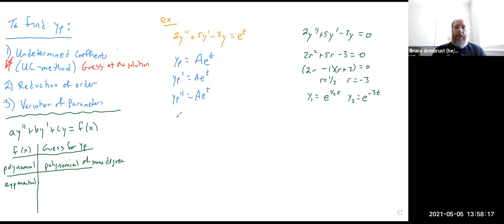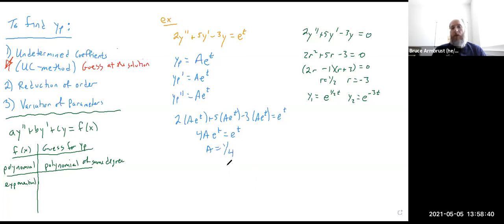So when we put all that stuff in, we're going to get 2 times a e to the t plus 5 times a e to the t minus 3 times a e to the t, and we want that to equal e to the t. So combining everything, 2 plus 5 is 7, minus 3 is 4. So we get 4a e to the t equals e to the t.